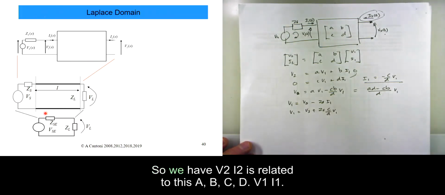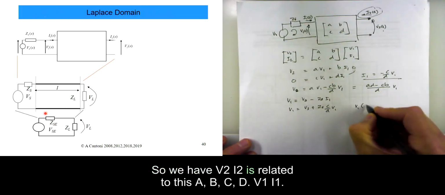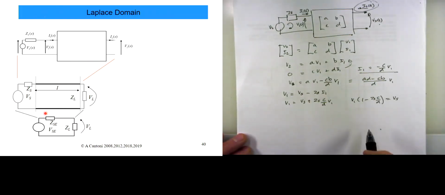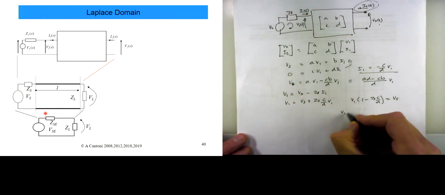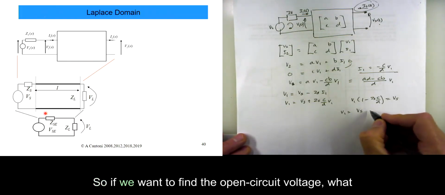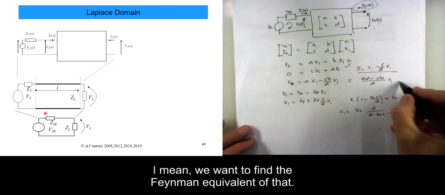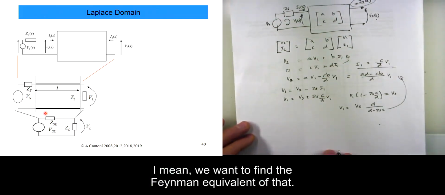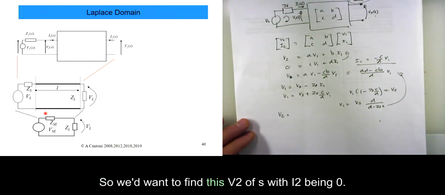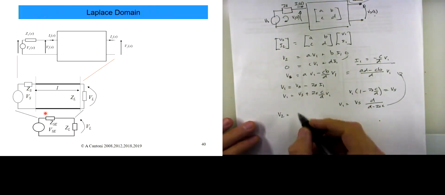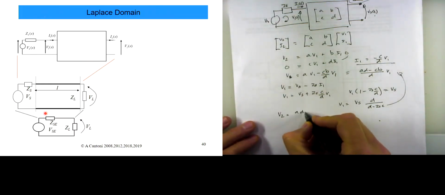So V2 and I2 are related to V1 and I1 through this ABCD matrix. If we want to find the open circuit voltage, the Thevenin equivalent, we'd want to find V2 of S with I2 being 0.